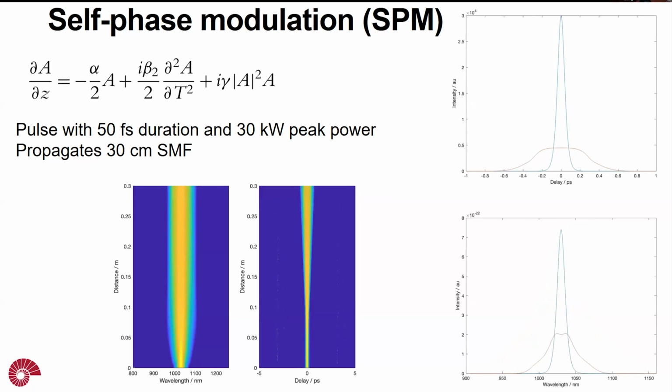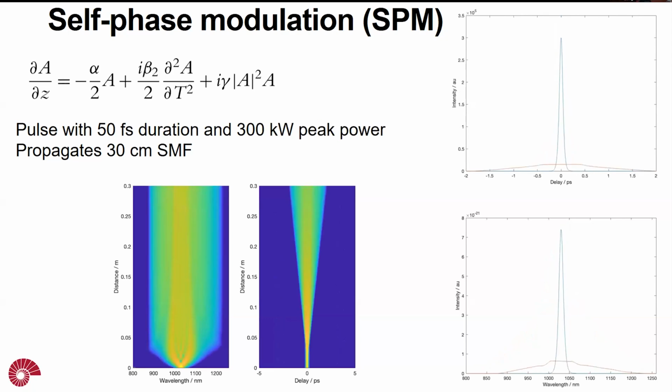And from 30 kilowatts, we go to 300 kilowatts. Our pulse is dispersed, and our spectrum is also broadened, as you can see. We generated new colors. We reached around 200 nanometers here and around 150 here. This is the effect of nonlinear propagation inside a piece of waveguide.